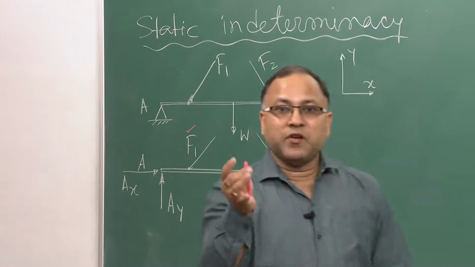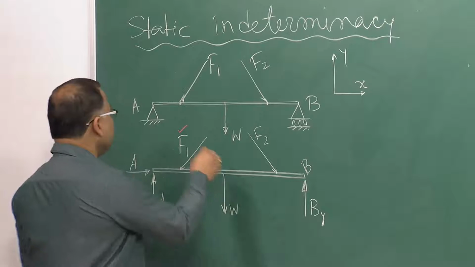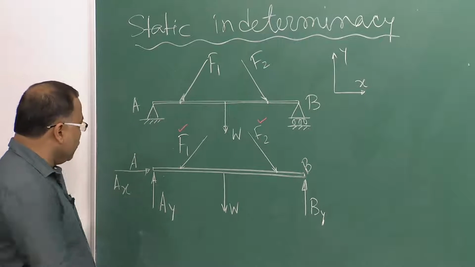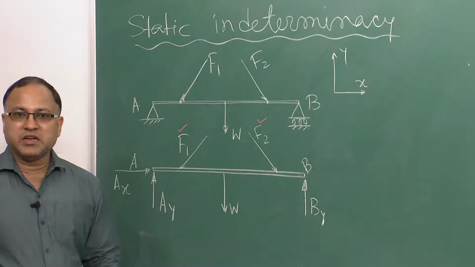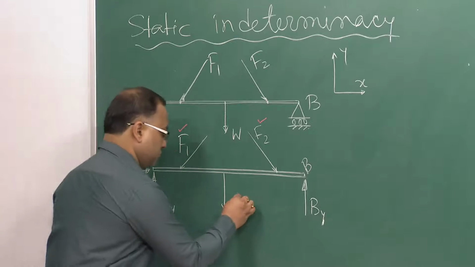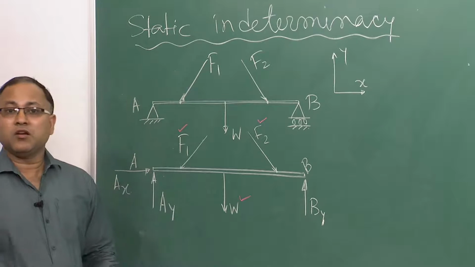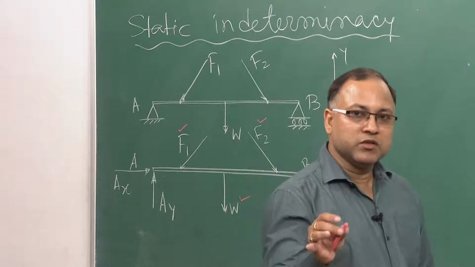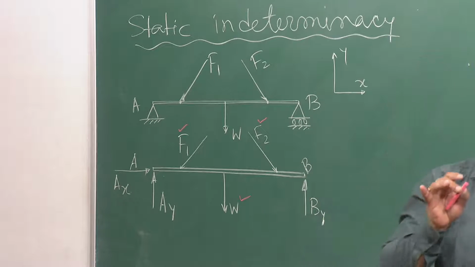So, the externally applied force must be known to you. F1 is known to you, similarly F2 is known to you, and if you know the dimensions of the beam and material of the beam, then W is known to you. So, they are not unknown, they are externally applied forces and you are quite familiar with these forces, okay. These are known to you.